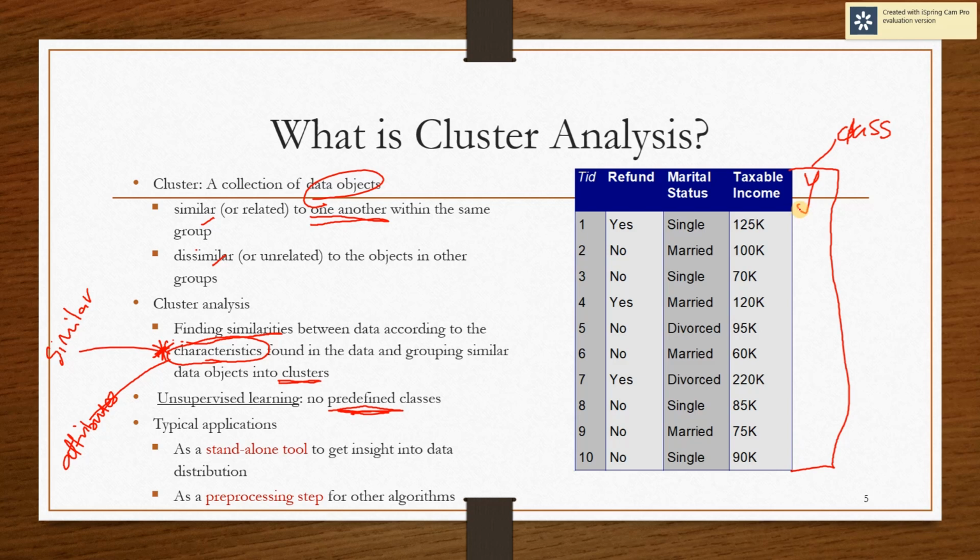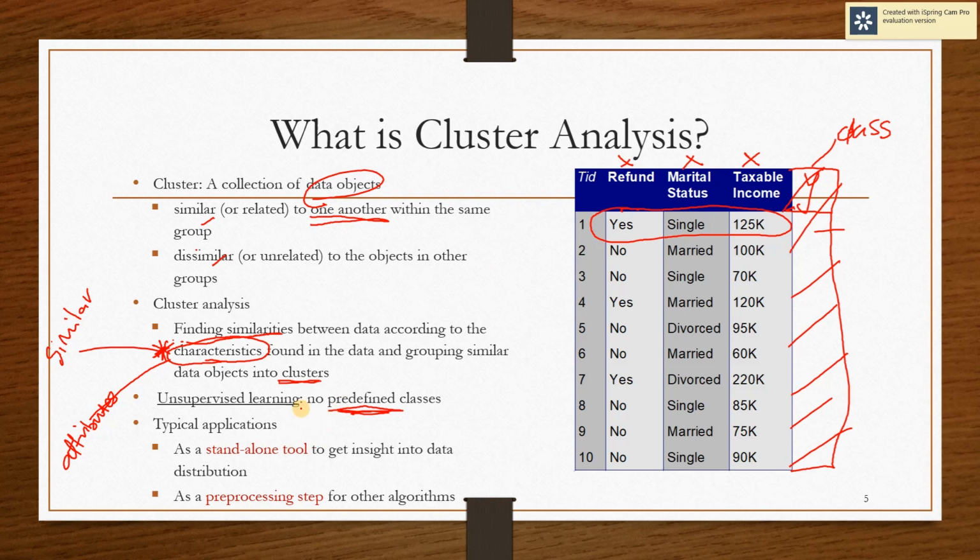This is what we call predefined classes. But now in cluster analysis, we will not have any class anymore. Meaning that all of the attributes will be the X attributes, no more class attribute. So the characteristic will be based on all of these X attributes here.